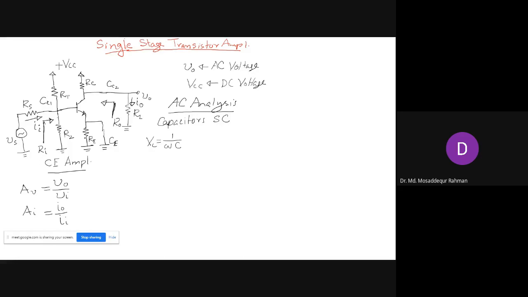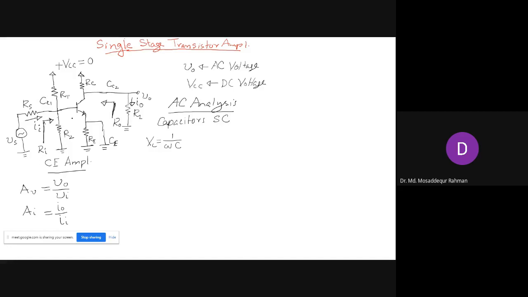So we replace the capacitors by short circuit. And the next thing we have to do is remove the DC current and voltage from the circuit. We have this DC voltage, VCC. So we set this DC voltage to 0. Once you set that to 0, you are left with only AC quantities, right?